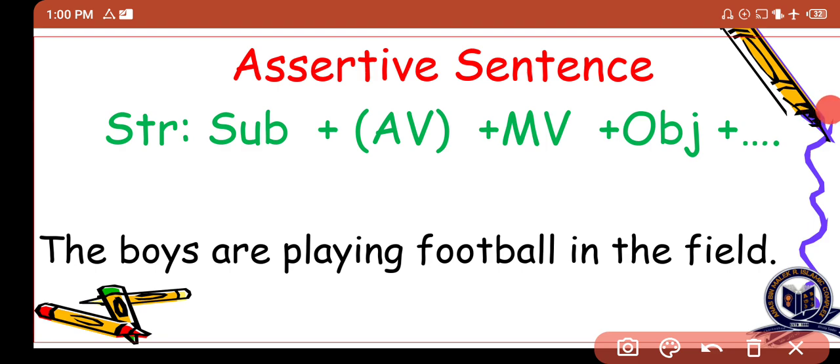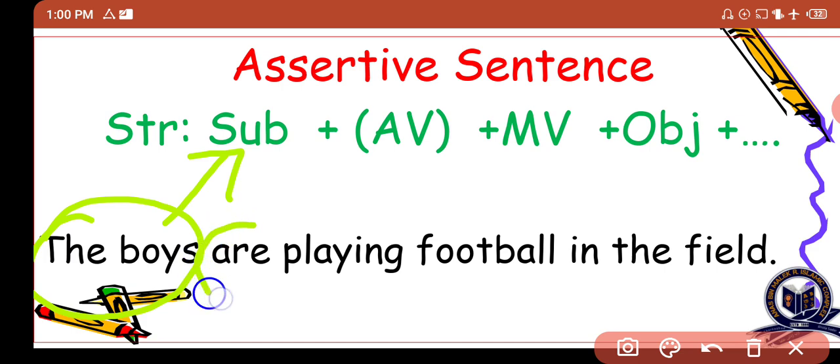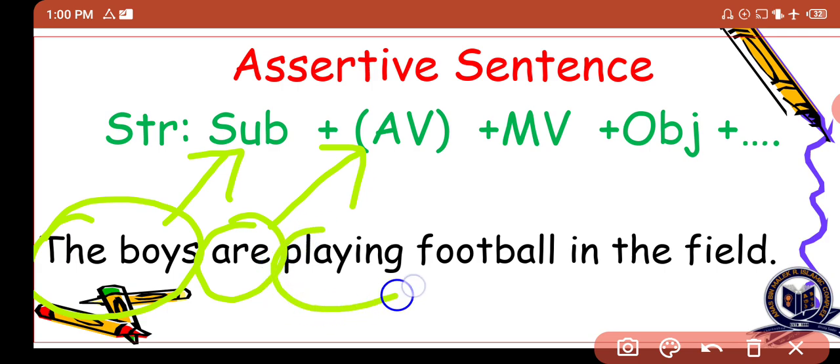According to the structure, I have written a sentence: The boys are playing football in the field. In this sentence, the boys is the subject. Are is the auxiliary verb.